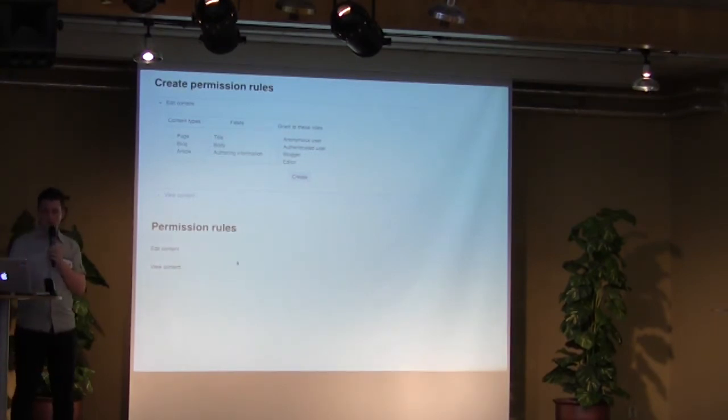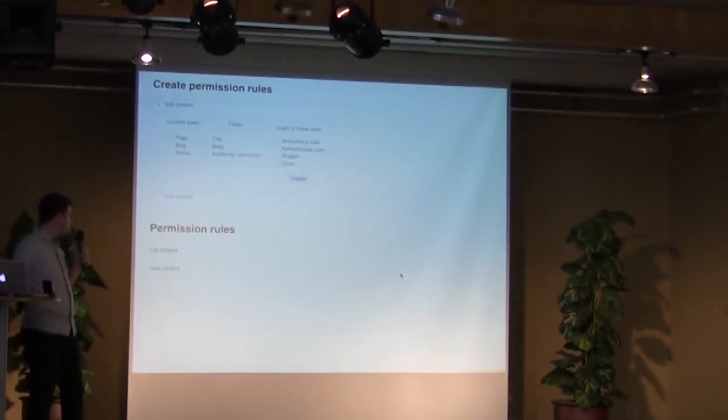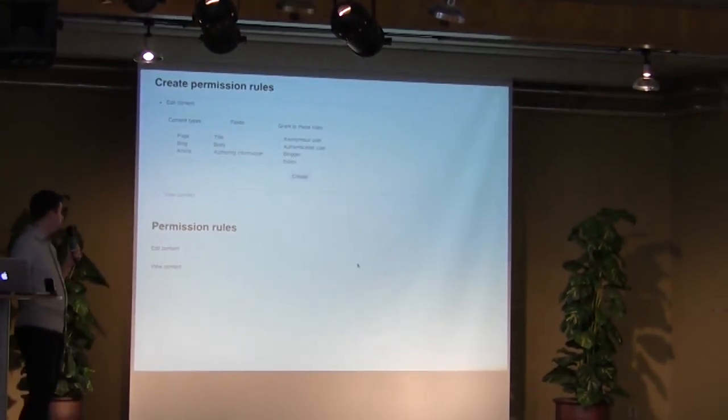And also we need to do something with the way we provide the permission rules, because this list is too simple, and if we have a lot of roles, for example, it's not going to work. But there are some ideas around it.